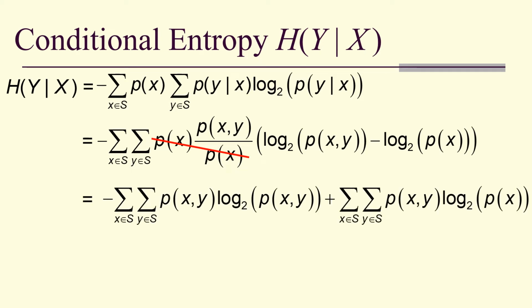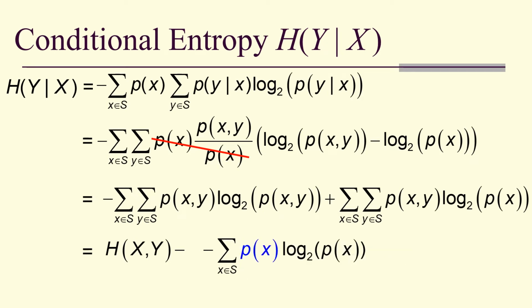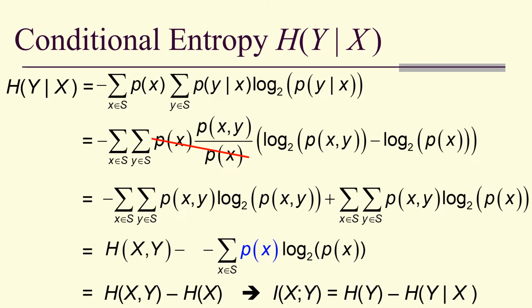Splitting that into two sums, we see that the first sum is the joint entropy, and for the second sum, notice that we can sum over Y for fixed X, and that becomes the marginal distribution of X, and therefore we get H of X, the pure entropy of X. And that implies that the conditional entropy of Y is the pure entropy of Y minus the mutual information.